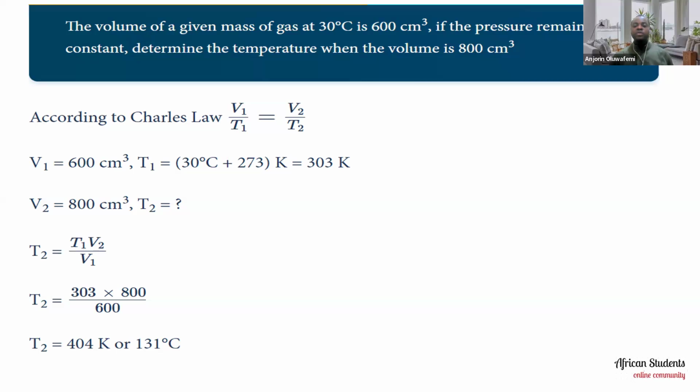Whatsoever was given to you in Celsius, you simply add 273. Once you add 273 to it, it converts to Kelvin, which is what we'll be using in this calculation and in subsequent ones that we're going to be looking at together. So our final volume was also given to us to be 800 cm cubed.